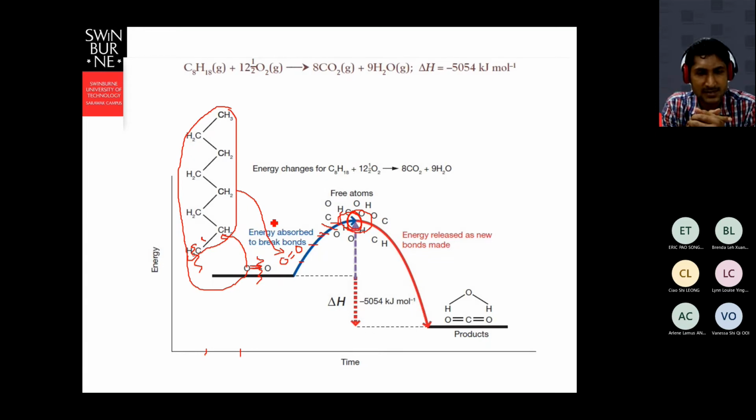Okay, what does the match do? When we strike the match, a spark goes on, and the spark produces heat, a small amount of heat, but heat, right? And that heat is taken by, let's say, one molecule of this gas and oxygen.